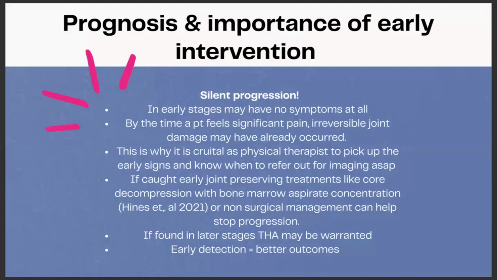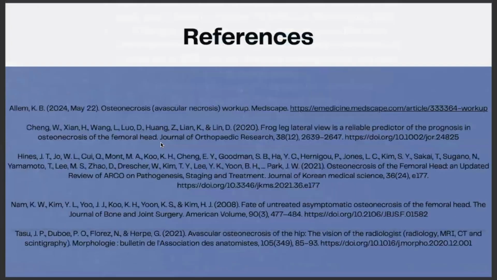So with early intervention, we can do joint-preserving treatments like that, or also non-surgical management to help stop progression. But unfortunately, if we get into those later stages, then a total hip replacement would be warranted. And so early detection equals better outcomes. Thank you.